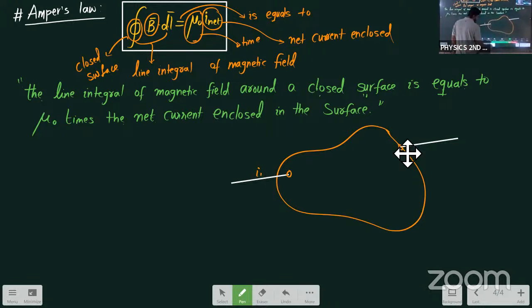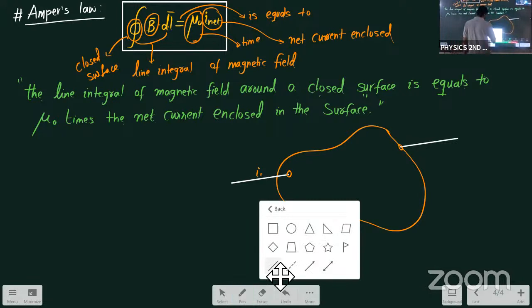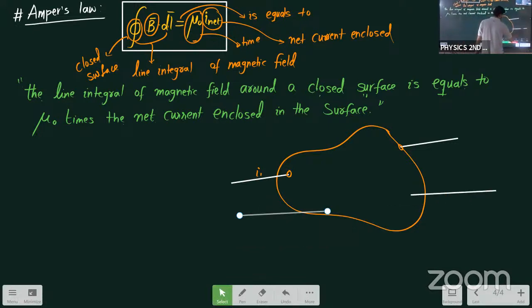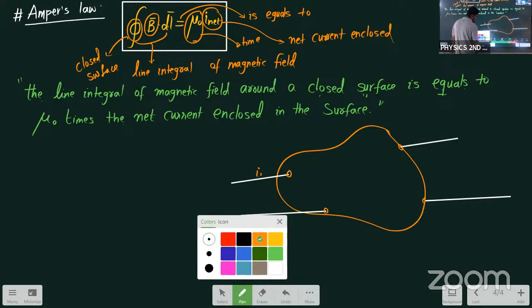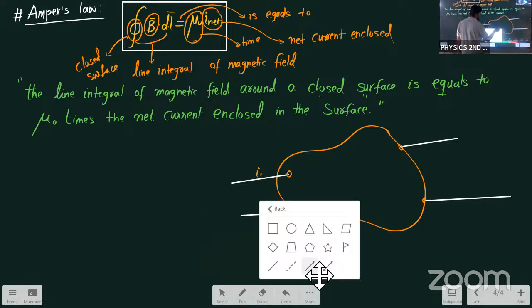Next, there is another current wire through which current is flowing. Let me consider that current is flowing from this region, and it is coming outside from this particular point. There is one more current which is coming outside from this particular region.